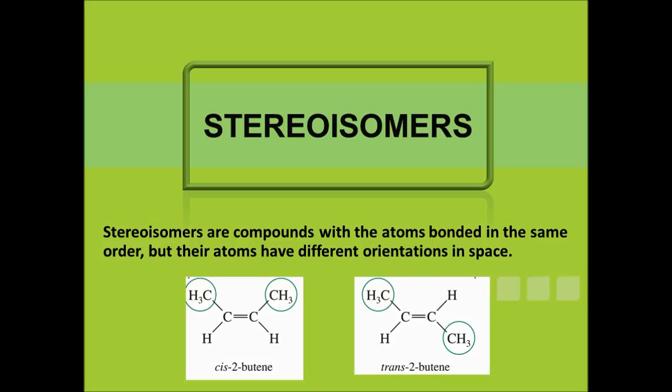Here we have another butene molecule which also has 4 carbons, 8 hydrogens with a double bond, and all the atoms are bonded to the same atoms. However, one is called cis-butene because those two CH3 groups are on the same side of the double bond, whereas the trans-butene is on opposite sides of the double bond. This type of stereoisomer is called a geometric isomer or cis-trans orientation.